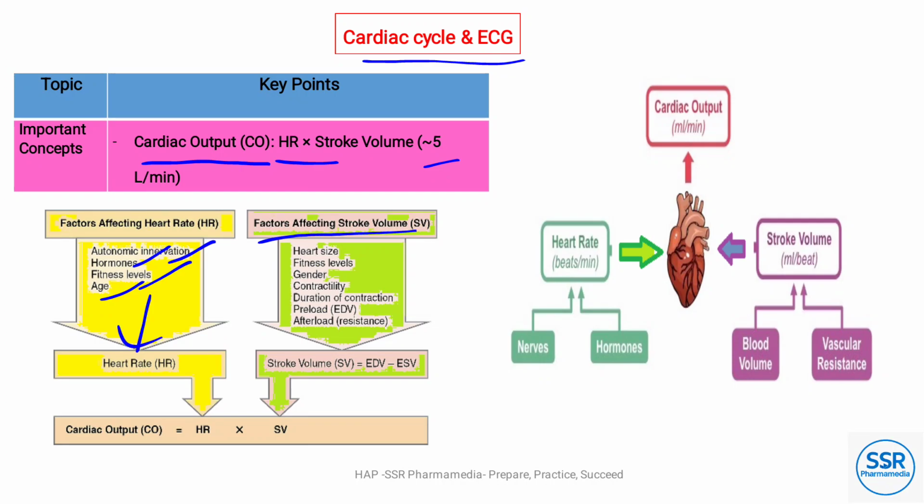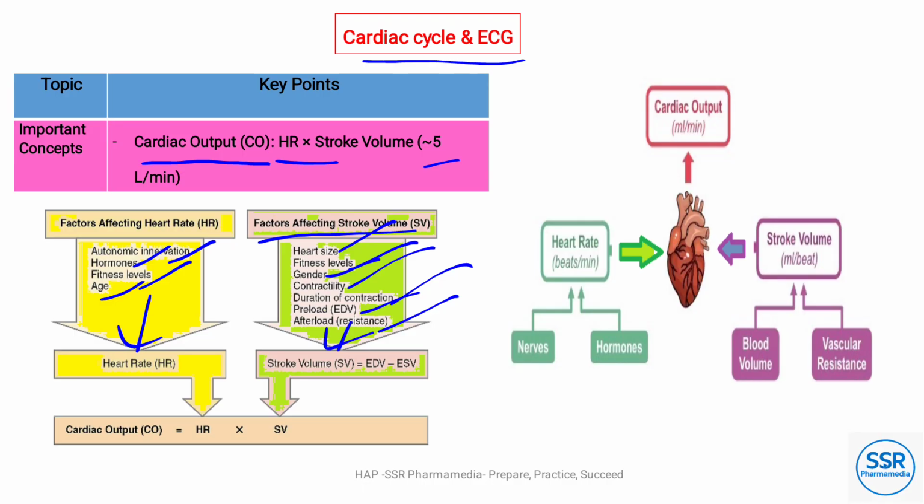Factors affecting stroke volume: heart size, fitness level, gender, contractility, duration of contraction, preload, afterload. So these all affect the stroke volume.